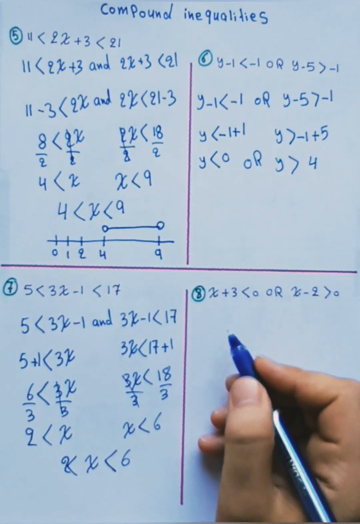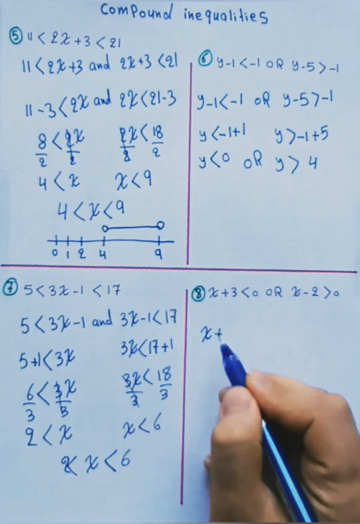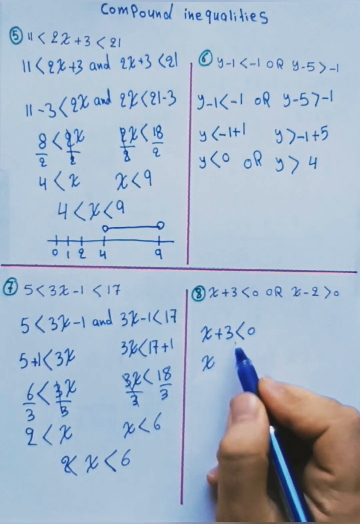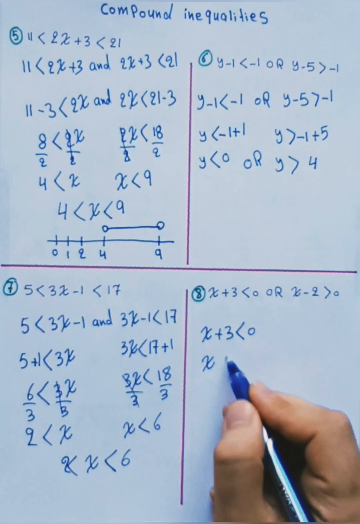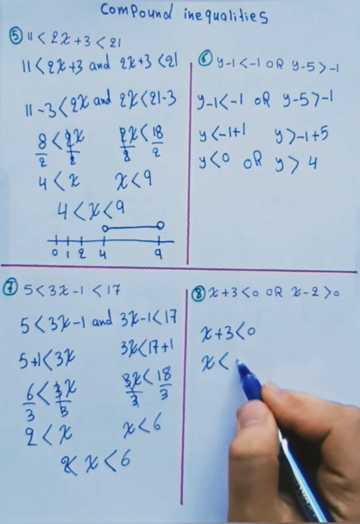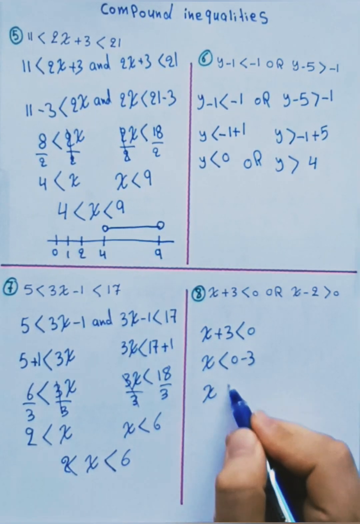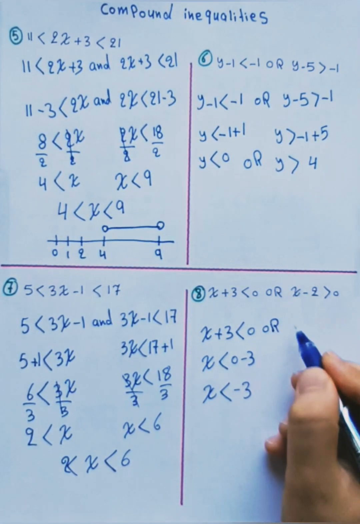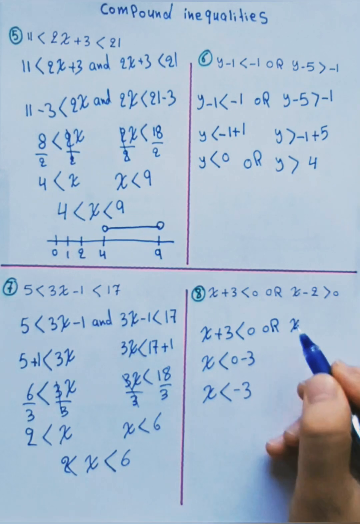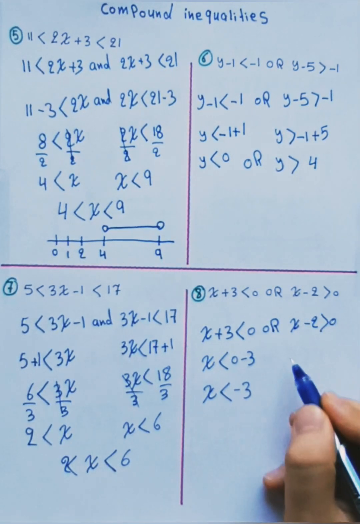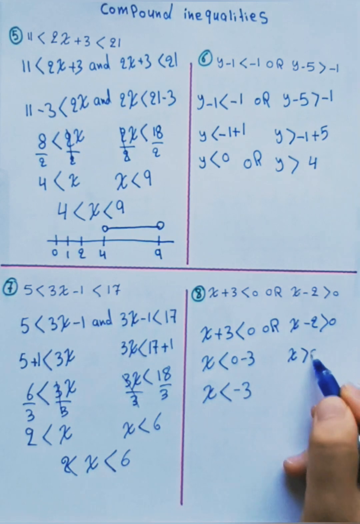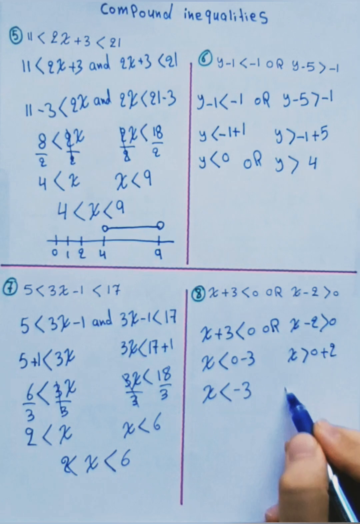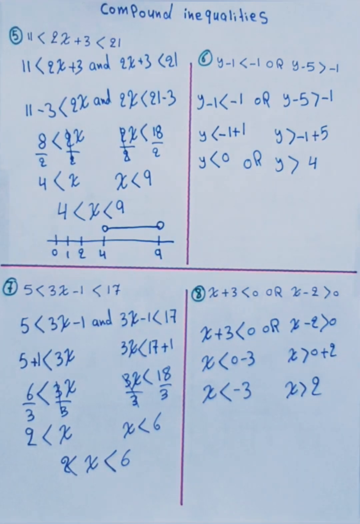We have to solve each inequality apart. x plus 3 is less than 0, so we have to change the place of +3 into the right side. x is less than 0 minus 3, so x is less than -3, or x minus 2 is greater than 0, so x greater than 0, you have to change the place of -2, becomes +2, so x is greater than 2.